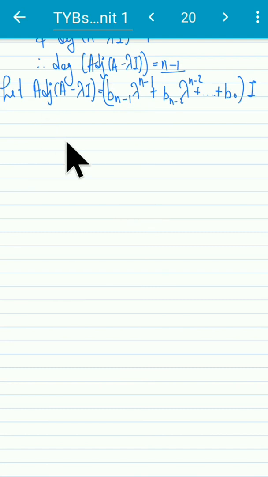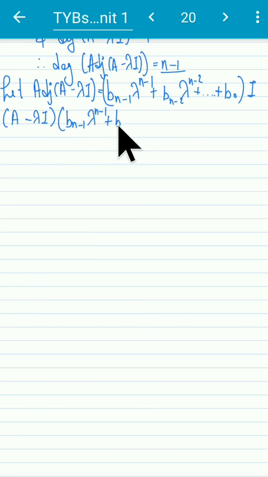I also know how my characteristic polynomial looks, so let me write that statement. A minus lambda I into the adjoint of this is b n minus 1 lambda raised to n minus 1, plus b n minus 2 lambda raised to n minus 2, plus dot dot dot, plus b naught I, and that is the same as my characteristic polynomial times I. What is the characteristic polynomial?